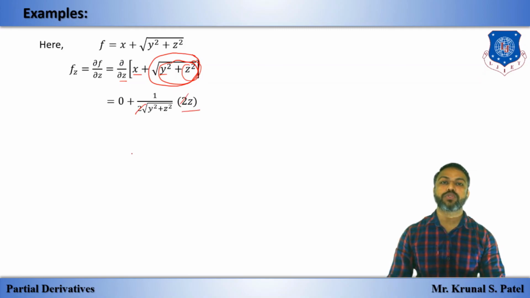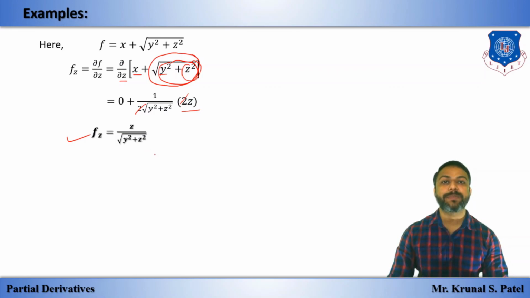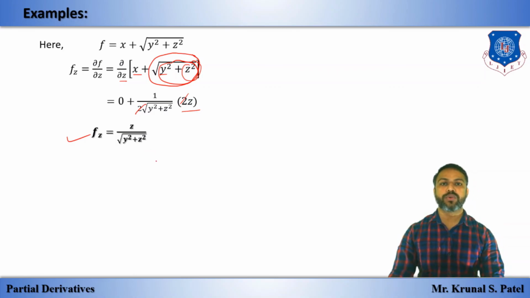The 2 cancels out, so the remaining part z upon under root y square plus z square is our final answer.